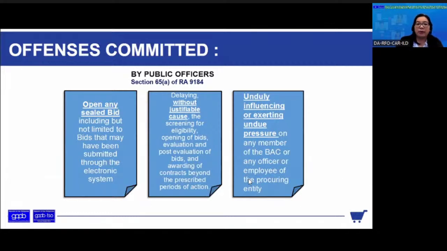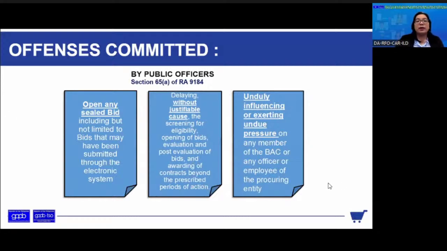And if, for example, without justifiable cause, extend ng hindi naman within the rules, then there could be a liability attached to it. Of course, it's specified that it's without justifiable cause. Kung justifiable cause naman siya, for example, na-COVID naman yung tao, no? Or other instances that might have prevented the conduct of those procurement actions within the allowable period, then it's not covered as an offense under this section.